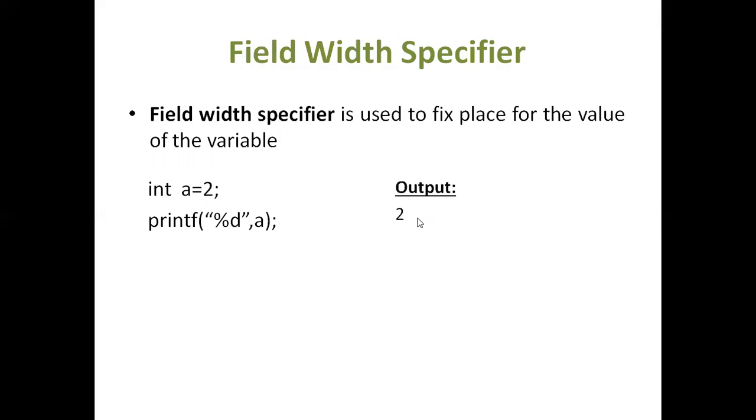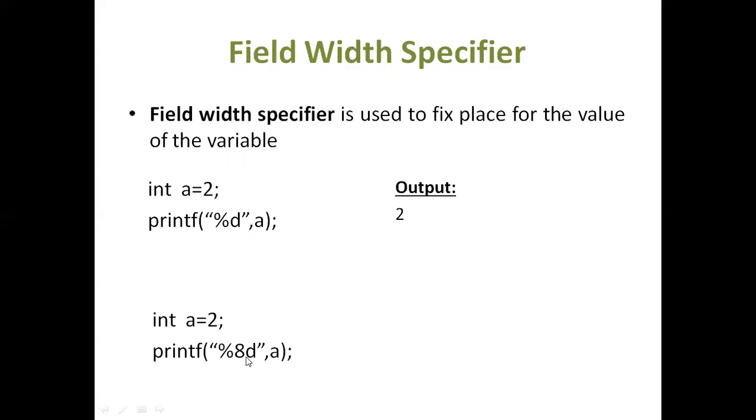2 will be printed. However, if we write down integer a equals 2 and in the printf statement we have written %8d, then 8 here is the field width specifier. It is telling us how many spaces will be fixed for the value of the variable which is printing.